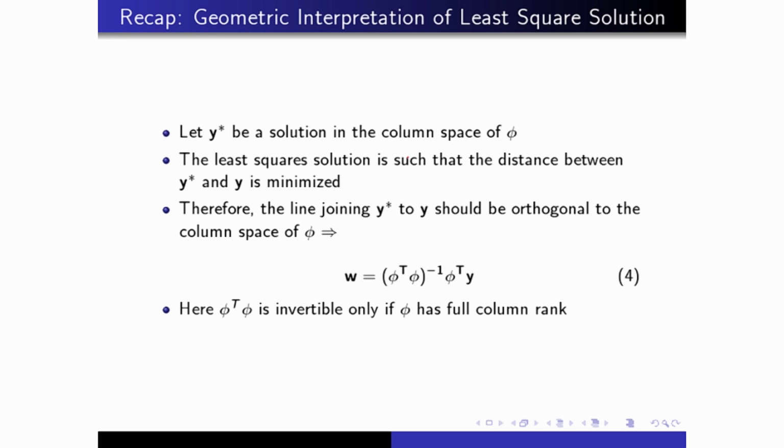So we found Y star in the column space of phi, and basically the W corresponded to the solution that gives you Y star that is as close as possible to Y, and this proximity requires that Y star is the projection of Y onto the column space of phi. We also found that phi transpose phi is invertible if and only if phi has full column rank.